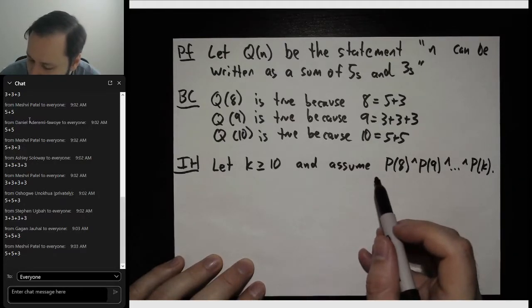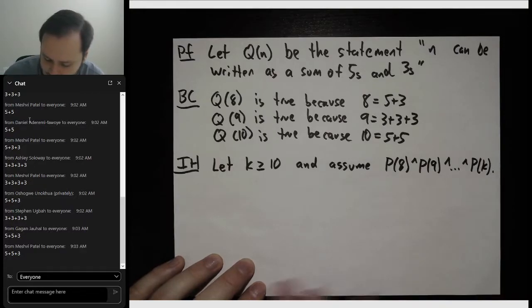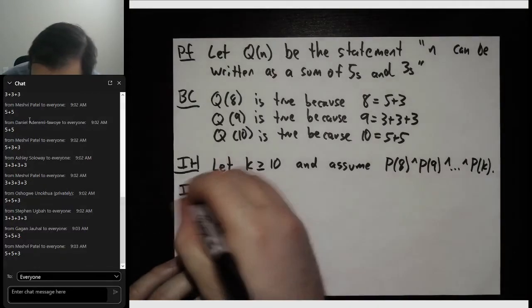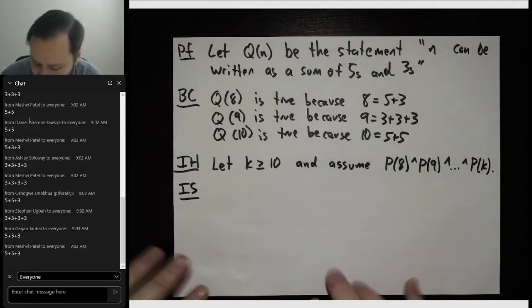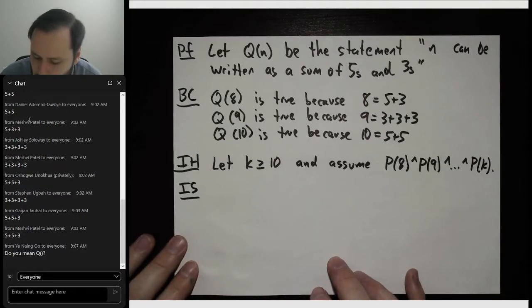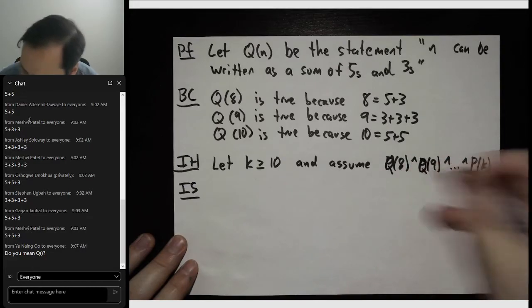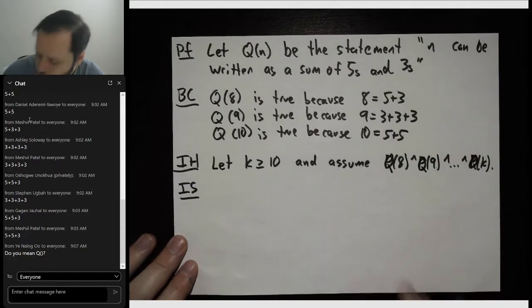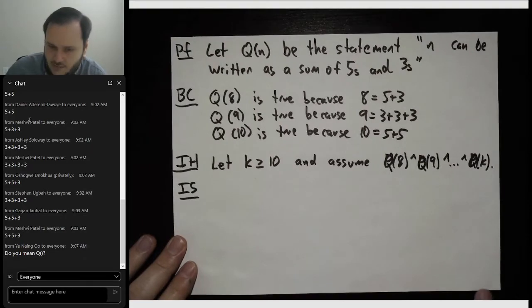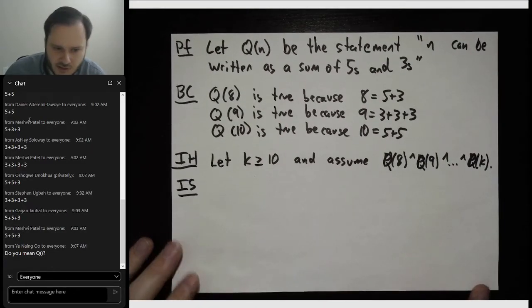So we get to assume everything we've done so far. And now in our induction step, we want to write, sorry, not P, Q, Q of 8, Q of 9, all the way up to Q of k. Sorry about that. I do mean Q, yes.